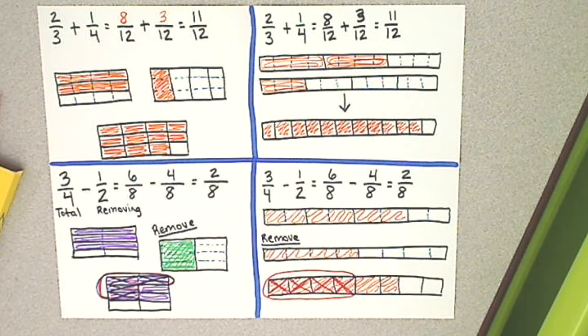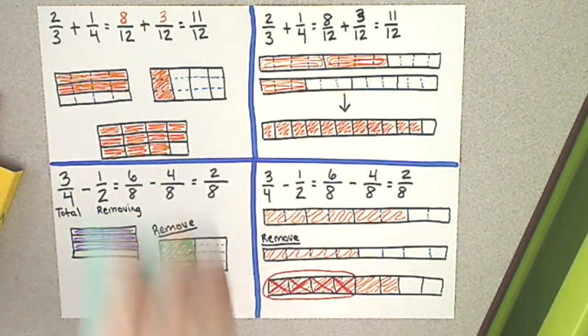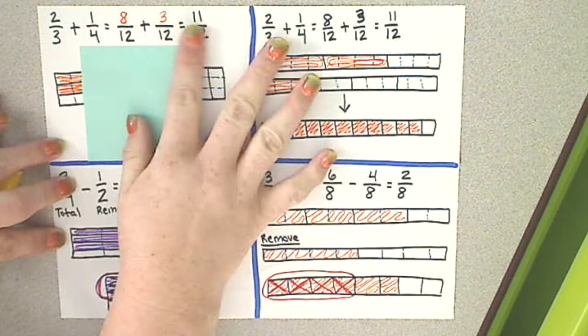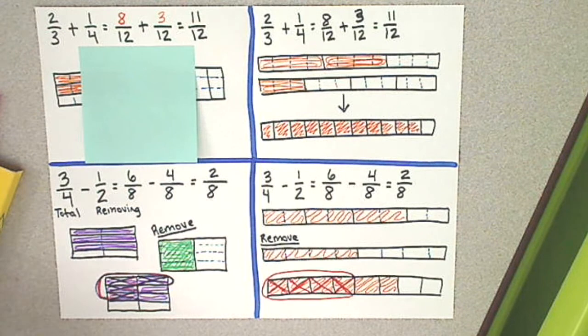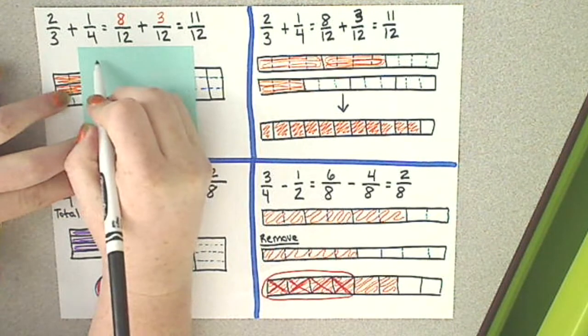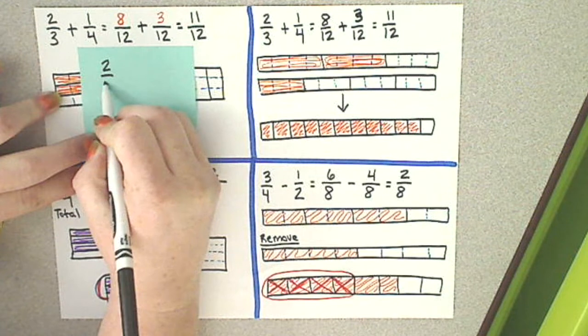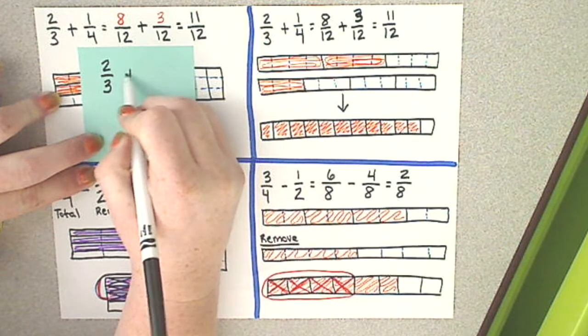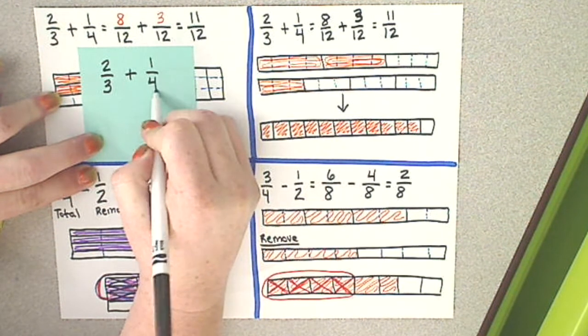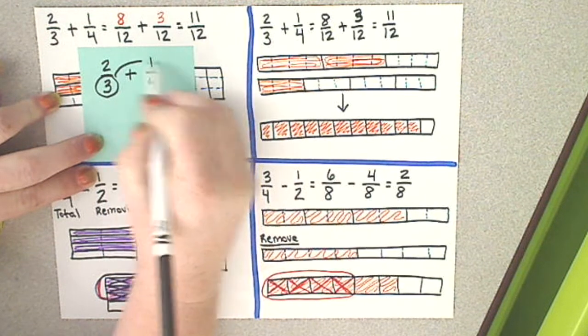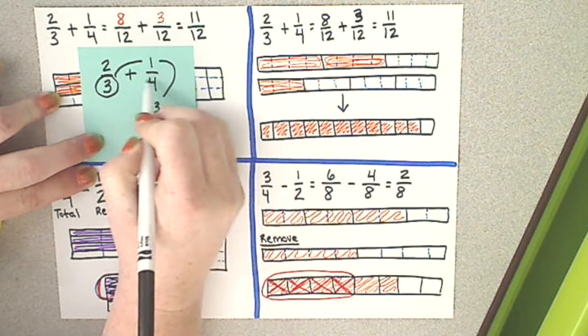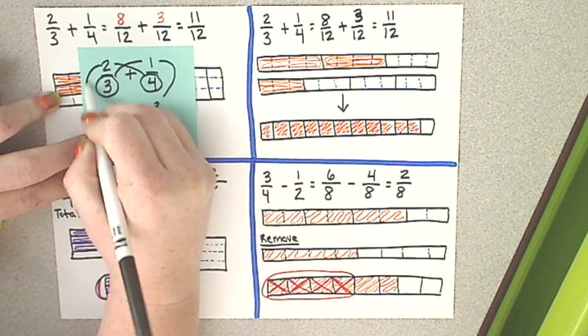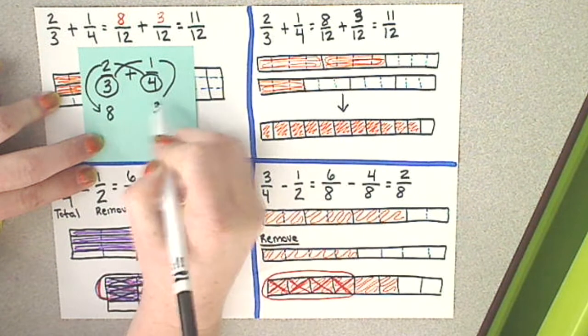And for those of you that would like the connection, let's go ahead and look at our Potter's Glasses version. Okay. 2/3 plus 1/4. 3 times 1 is 3. 4 times 2 is 8.